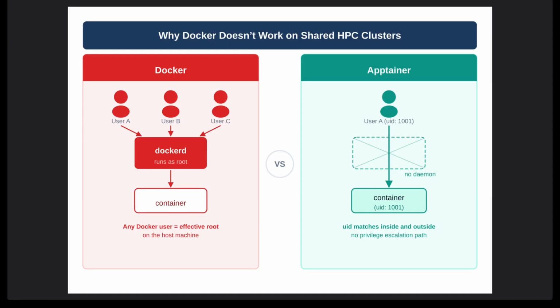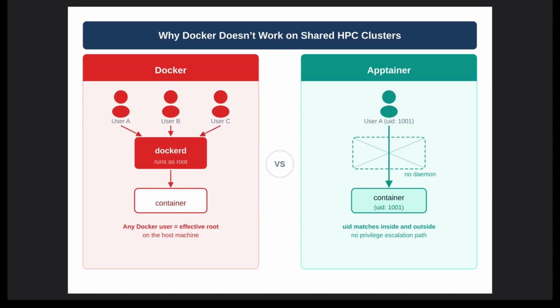And Docker isolates the container from the host by default. Apptainer does the opposite: it shares your network, mounts your home directory, and gives you direct GPU access. Because on HPC, you usually want the container to see your resources, not be walled off from them. And the good news is, you don't lose the Docker ecosystem.